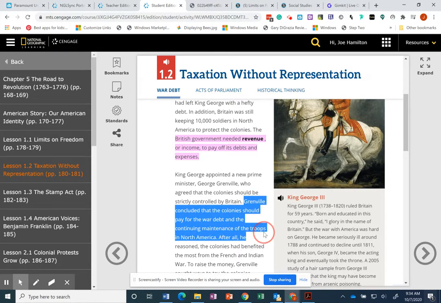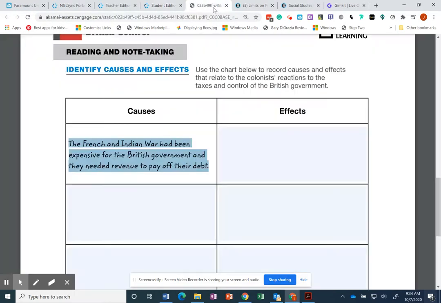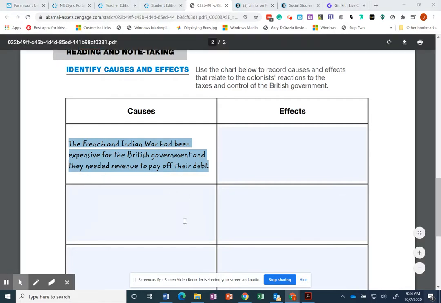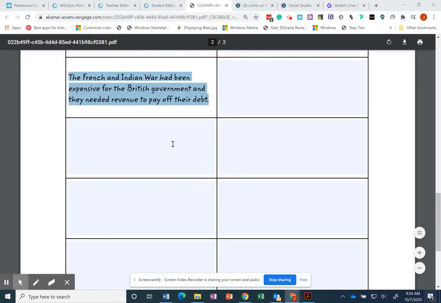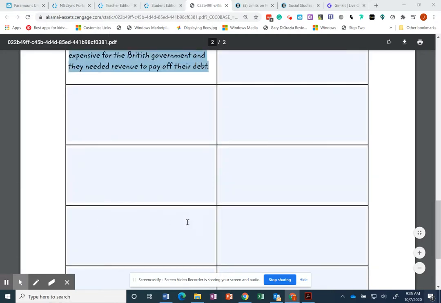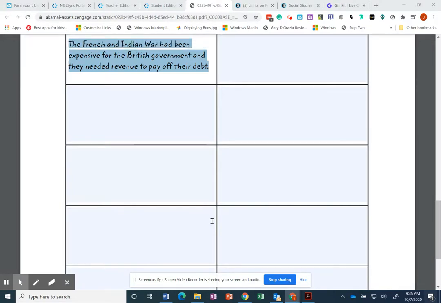Okay, and then once he decided what he was going to do, what was the effect? Once you know what Grenville had in mind for the colonists, then this fourth box should talk specifically about the laws, or the actions that he took, and then the results or the effects that it had on the colonies.